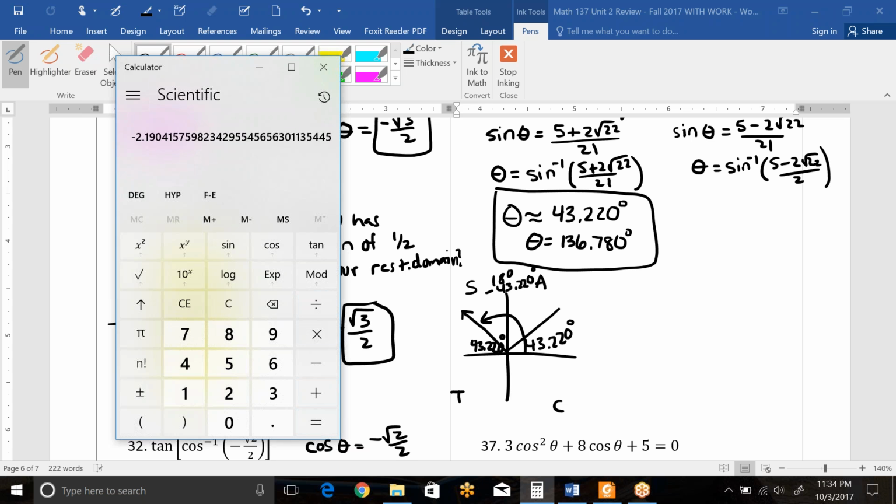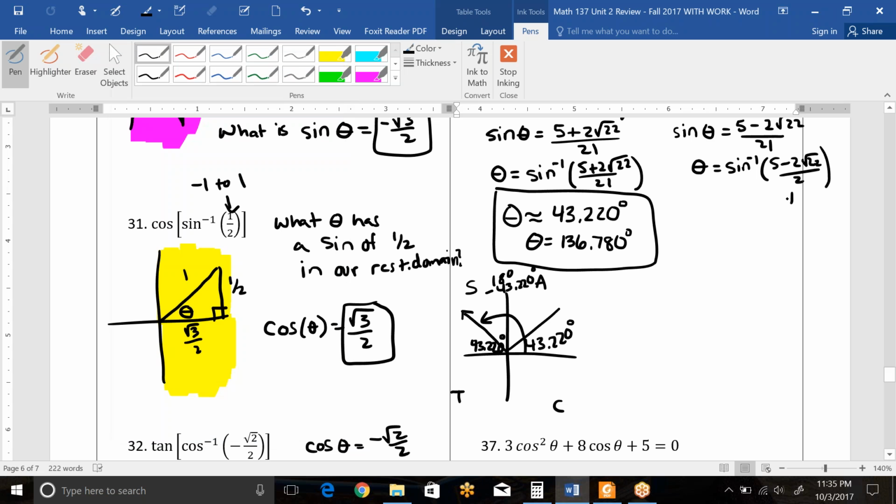That doesn't look right, because that's not showing up between -1 and 1. Let me do the square root of 22 first, times 2, make that negative, add that to 5. Yep, this one's actually no solutions for this part if it comes out like that.